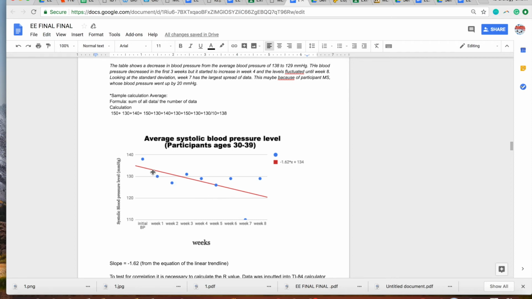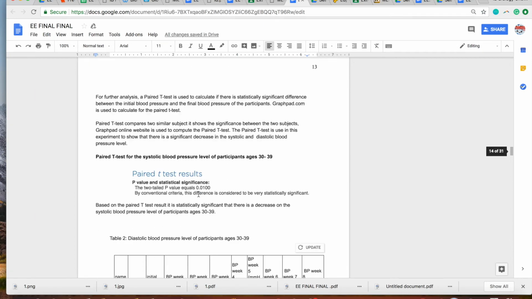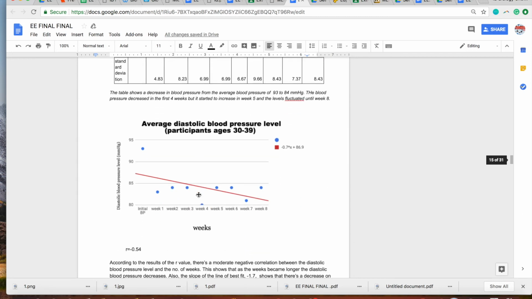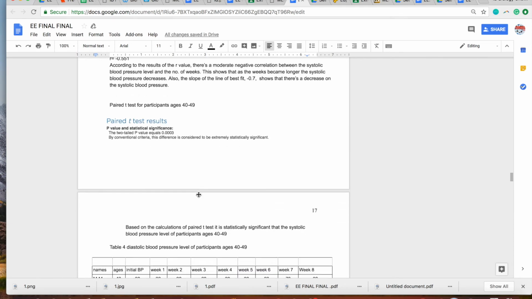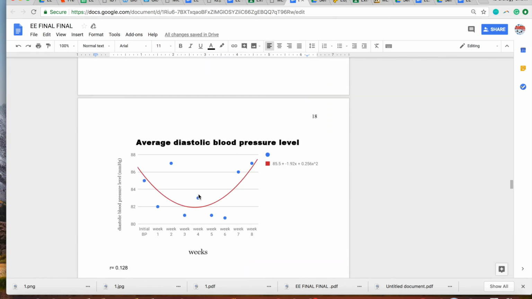So this experiment is about using garlic capsule to lower blood pressure, which is, look, it's good. As the weeks pass by, it seems to be affecting the decrease in their blood pressure. However, she had a graph that looked something like this.